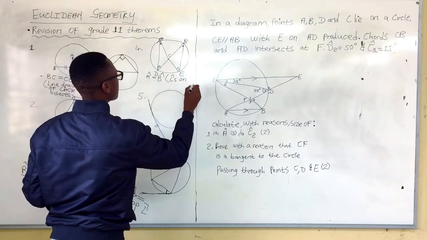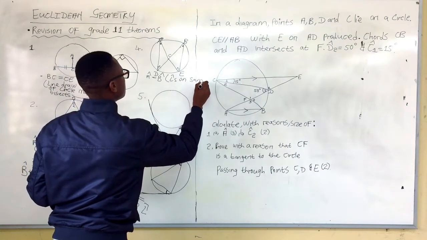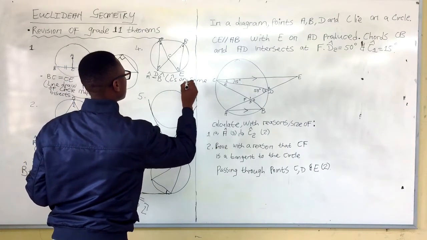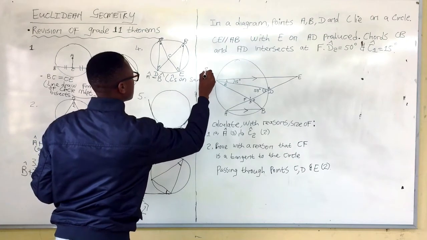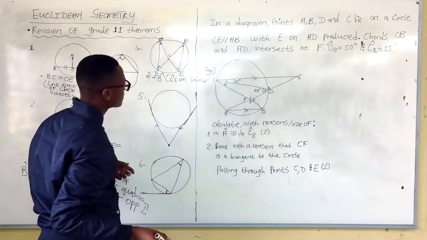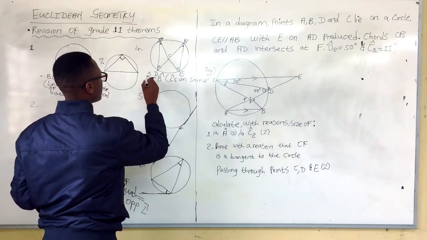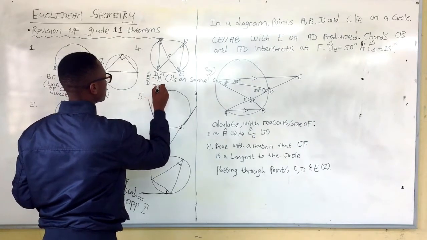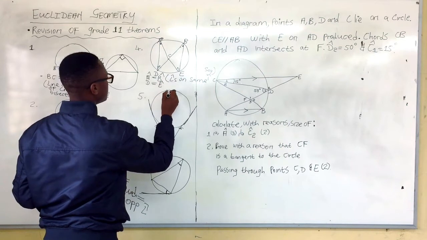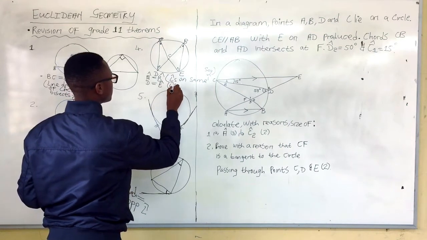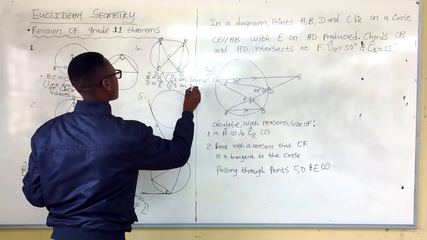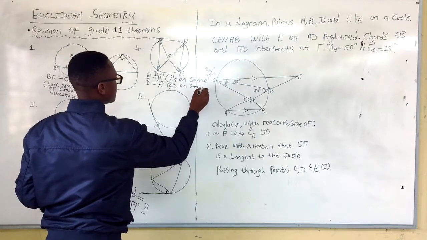Angles on the same segment. And then again, angle D is equal to angle E. Why? Also angles on the same segment.